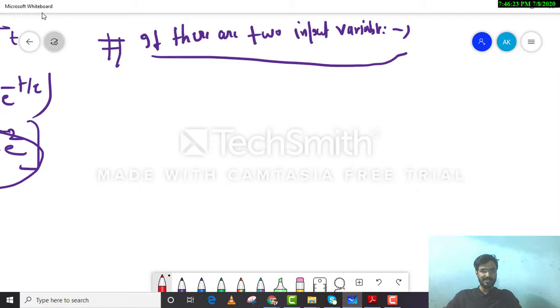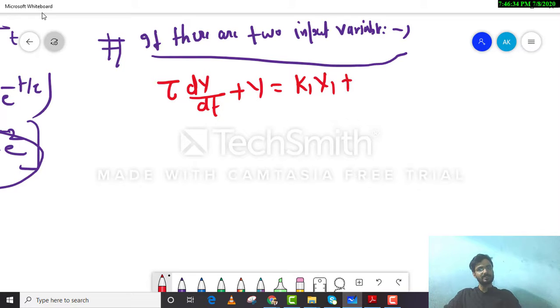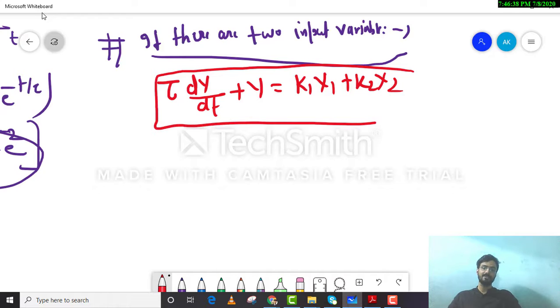Say the transfer function is like that: tau dy upon dt plus y is equal to k1 x1 plus k2 x2. If you see this type of first order differential equation in the question, then definitely that will make a first order transfer function. Second thing is that here there is x1 and there is x2, so there are two inputs in this transfer function.